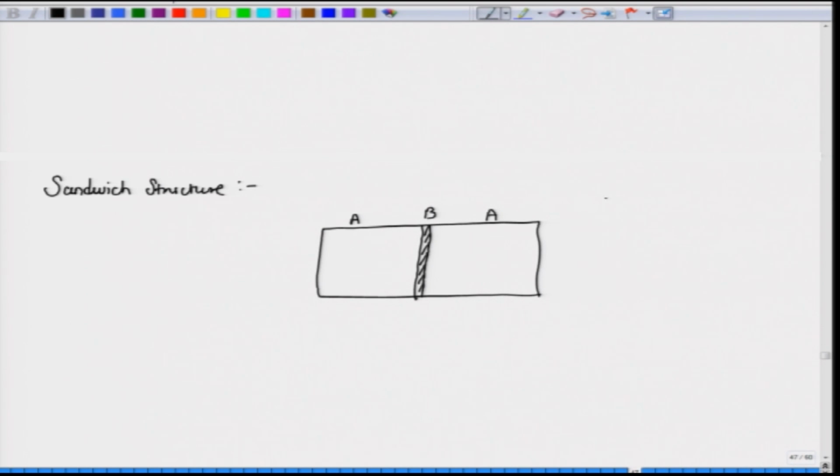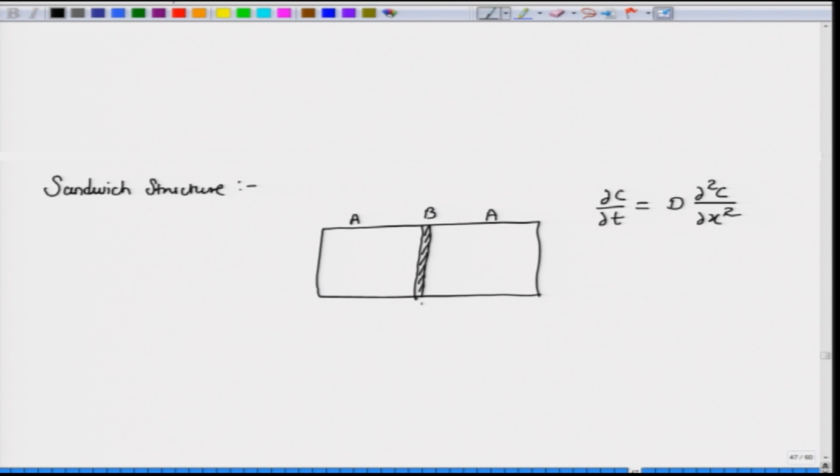Now, we are solving the same equation. But the boundary conditions will be a little bit different, also the initial condition.